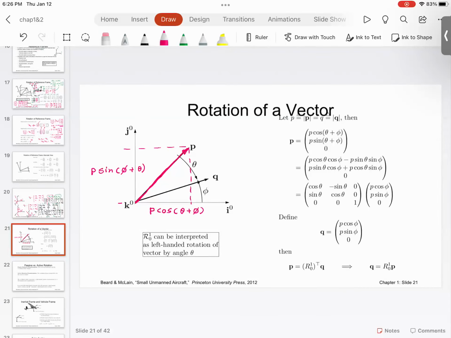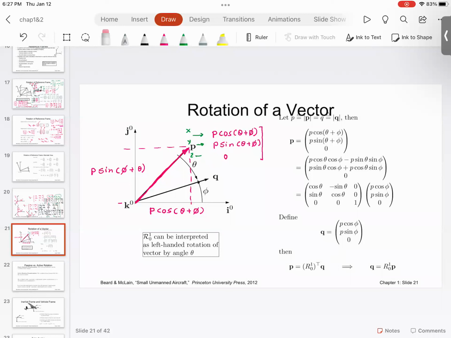So the position vector is expressed as, shown over here, P cosine theta plus phi, P sine theta plus phi, and 0. Everyone okay with this? This is the position vector. This is the projection on x, projection on y, and projection on z.